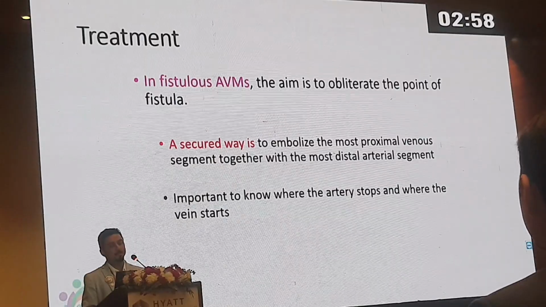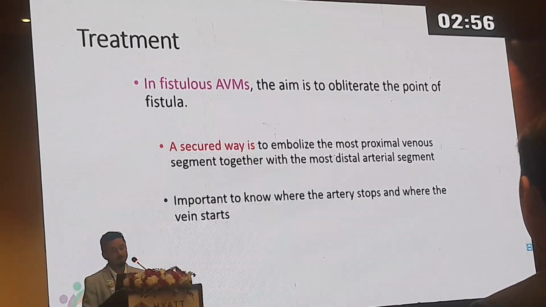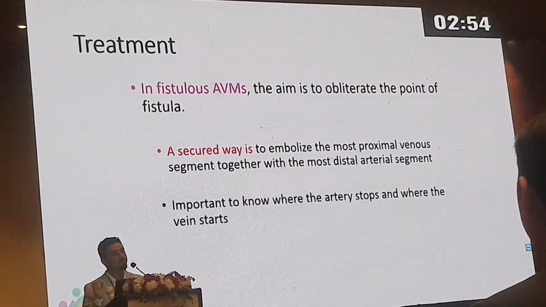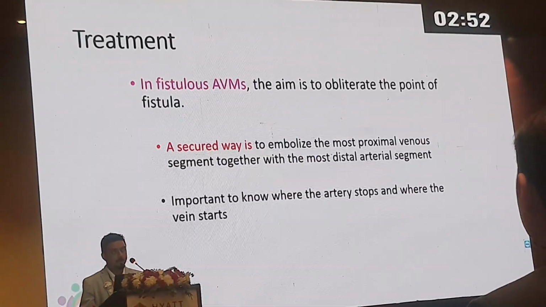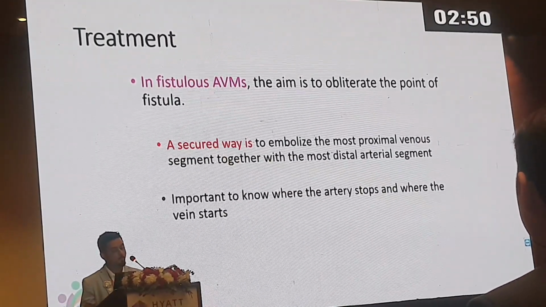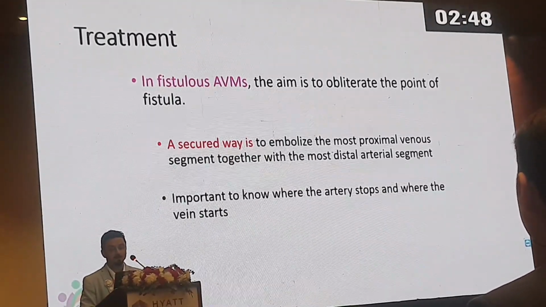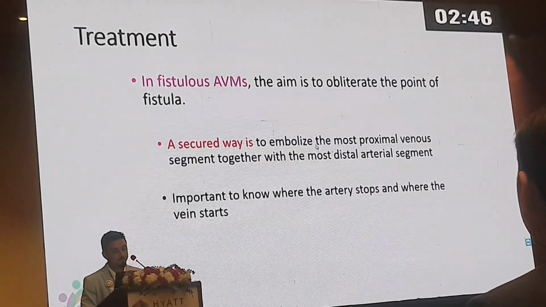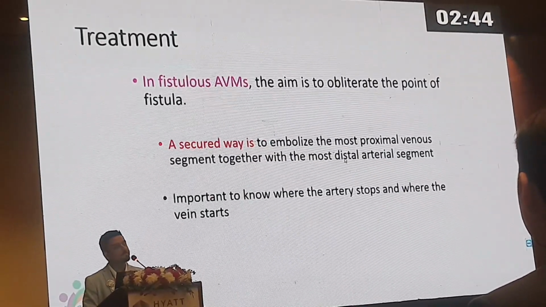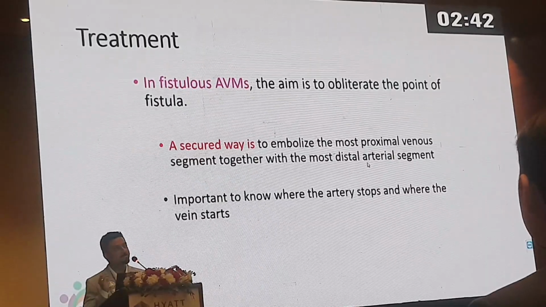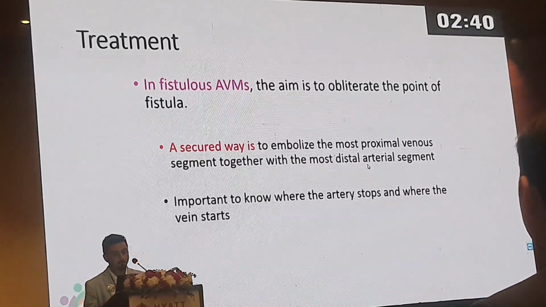In fistulas, the aim of treatment is to obliterate the point of fistula. And how do we do that? The most secure way is identifying the most proximal venous segment together with the most distal arterial segment. This is the key to treatment of the fistula.